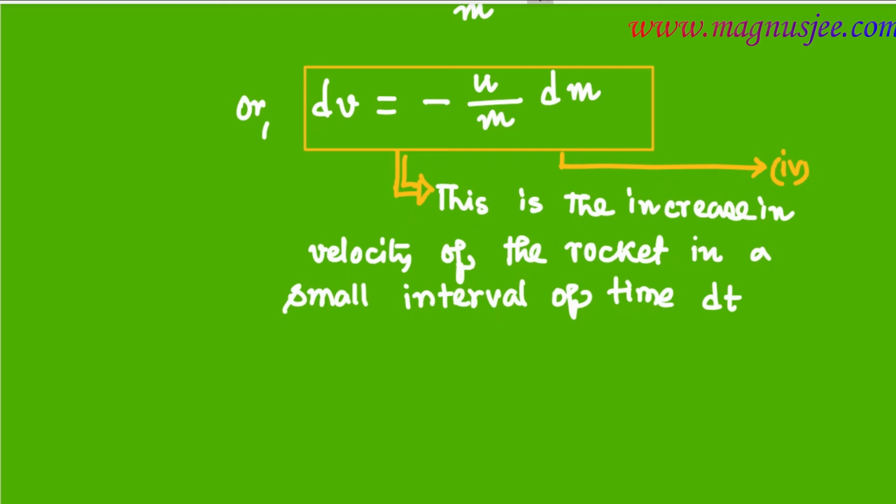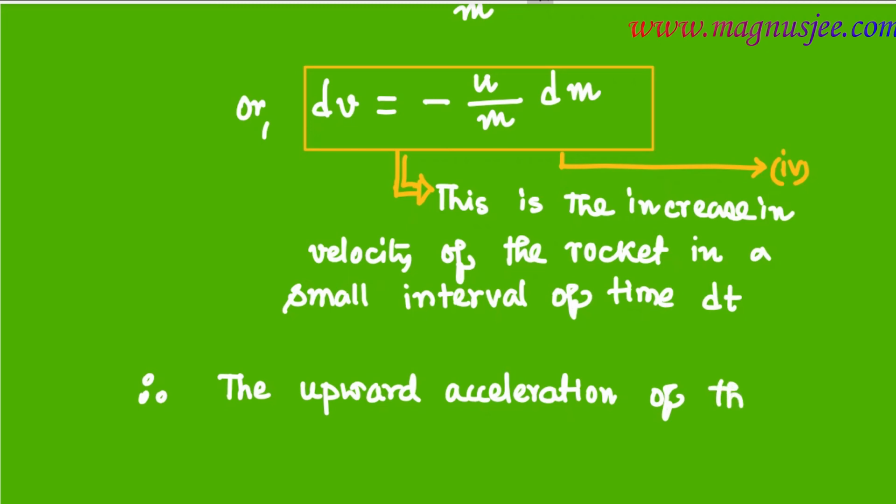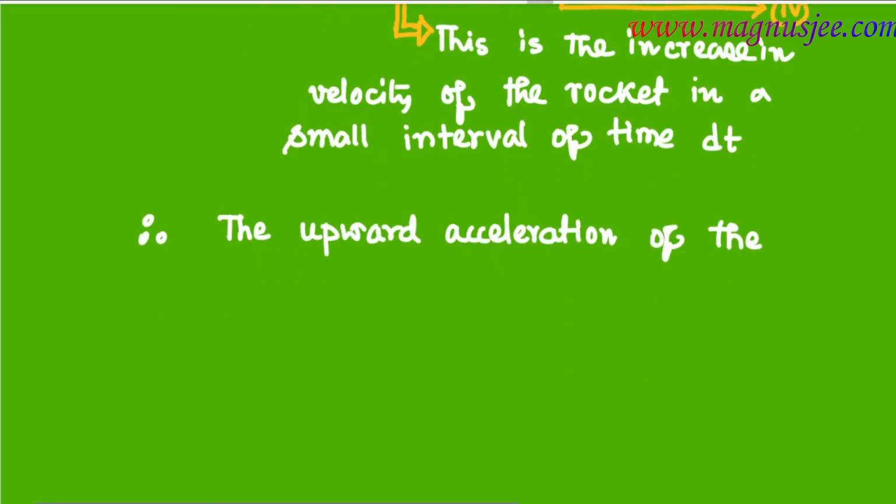So now we can find the expression of acceleration of the rocket. The upward acceleration of the rocket is given by a equal rate of change in velocity, that is dv by dt.